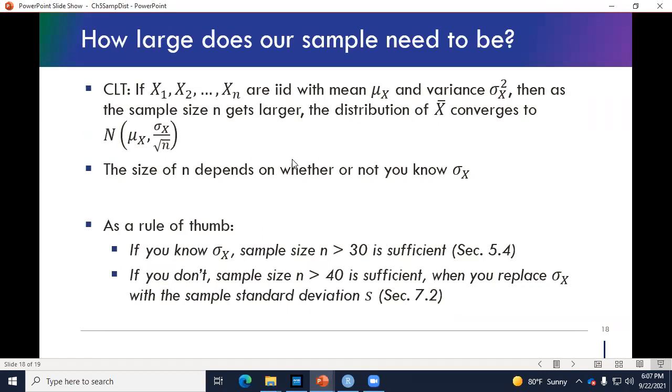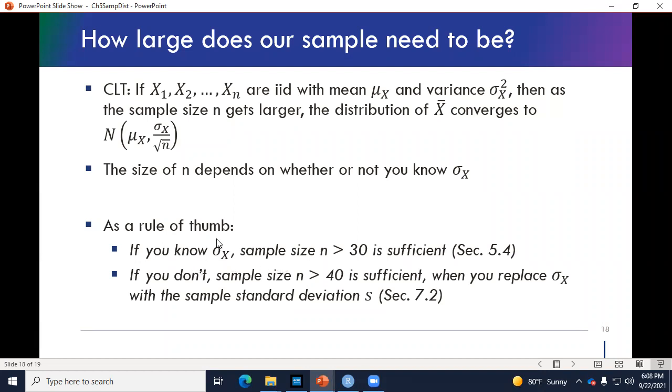So the question is how large our sample needs to be in order to get to this distribution. This sample size depends on whether you know or do not know the population standard deviation, sigma x. I put a rule of thumb here, from the book.